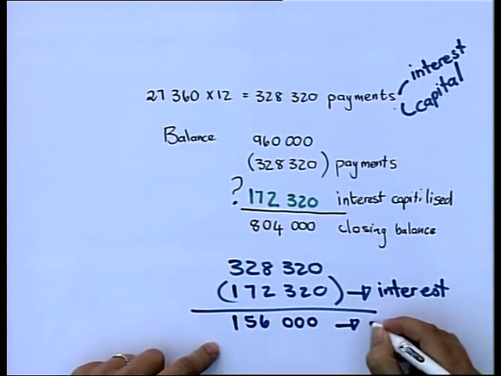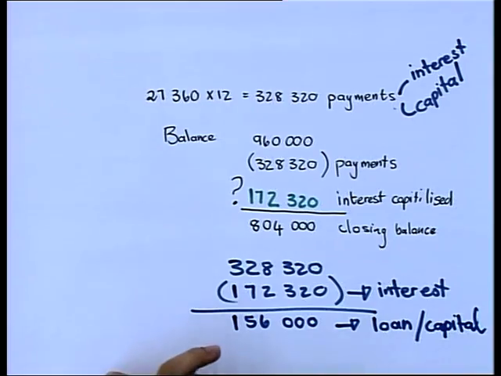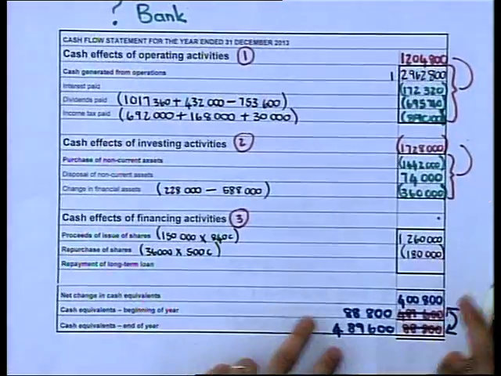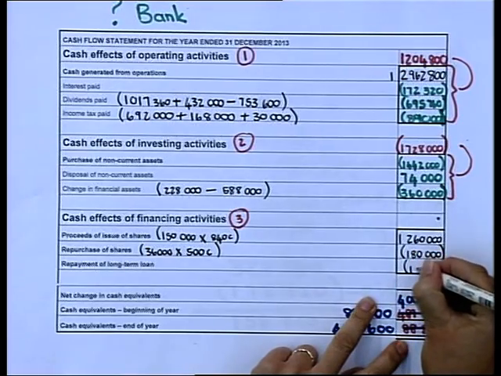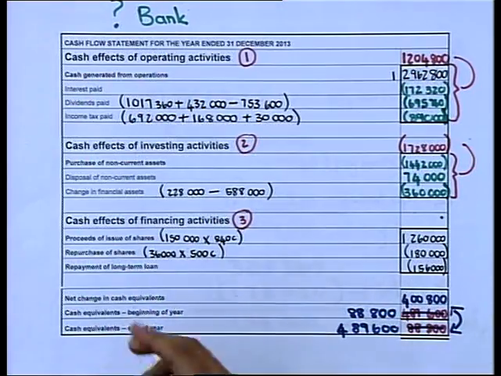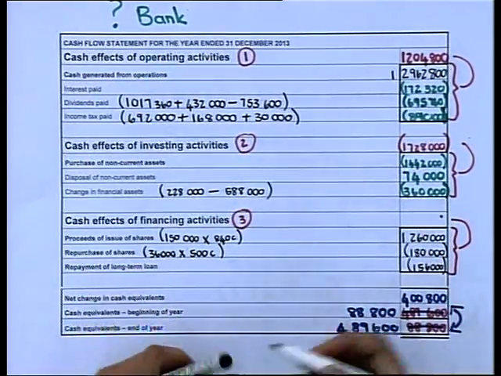This was the loan or the capital portion. Okay. And that is the last entry, the repayment of the loan, 156,000. And you add all of that up to the block at the top.